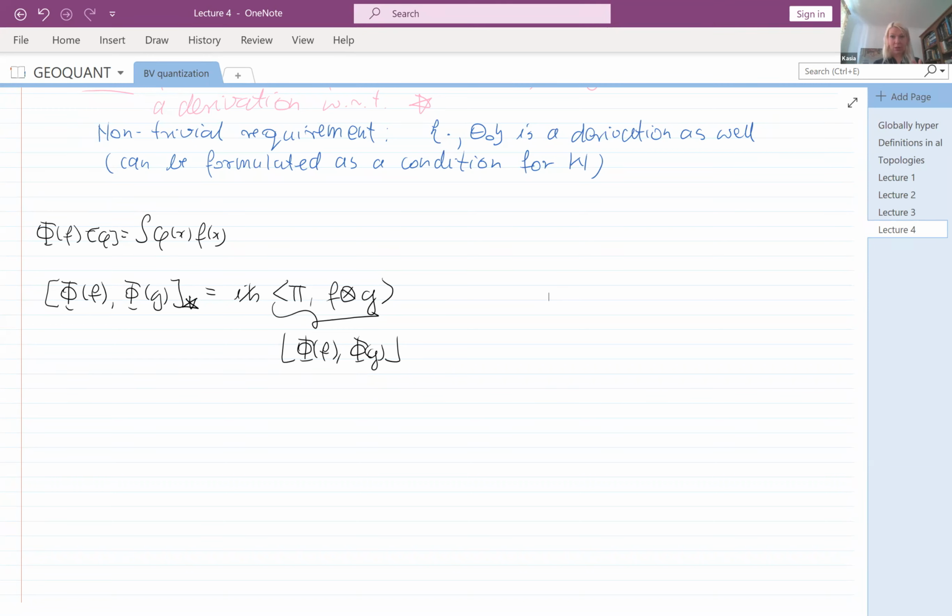In the original paper of Peierls, which I should also put in the references, he just constructs it in a purely Lagrangian framework. So you just have a Lagrangian, and then you have your classical observables. He's also working on shell, so on the space of solutions, and that's all you need.